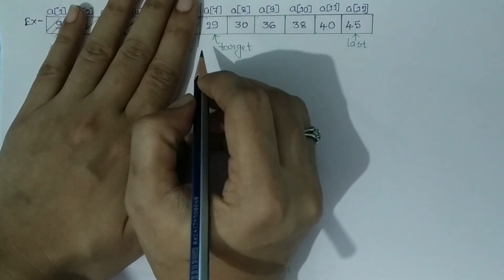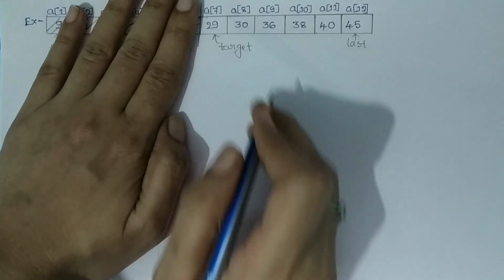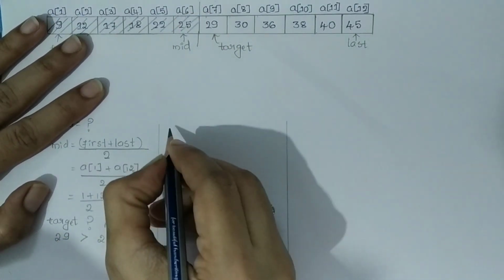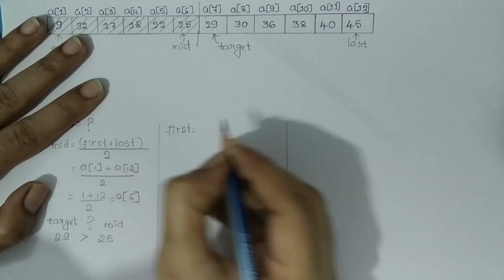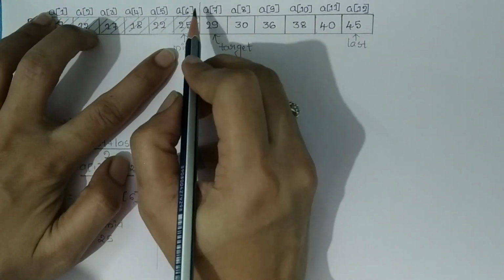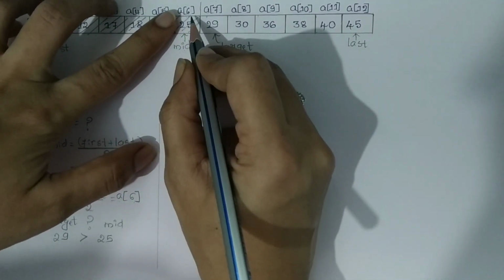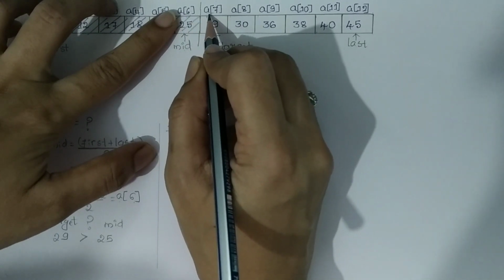So first I have to assign variable first, that is beginning of the list. For first variable I will assign first equals to mid plus 1. Mid is 6, so mid plus 1, that is 6 plus 1, becomes 7.